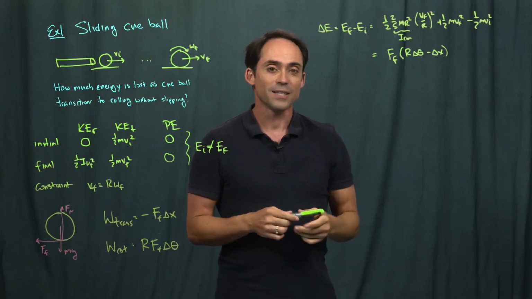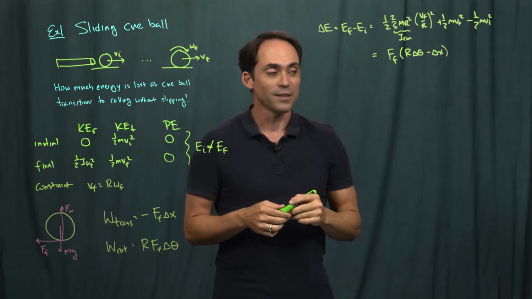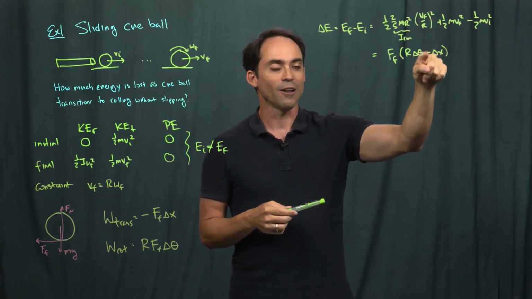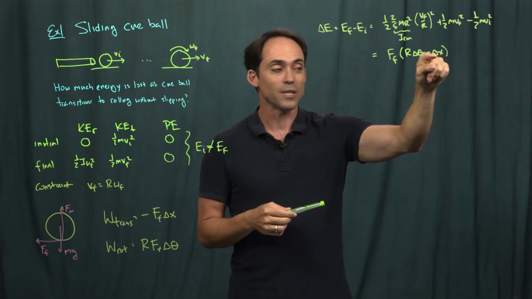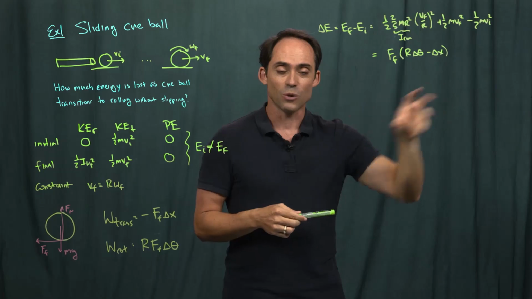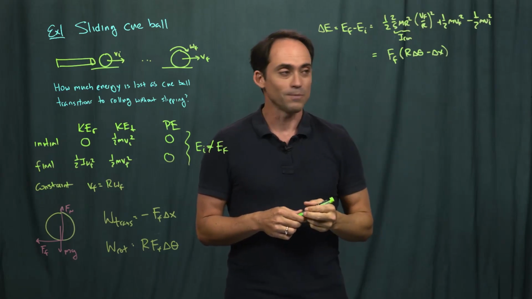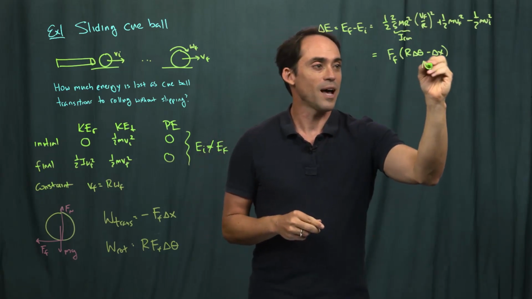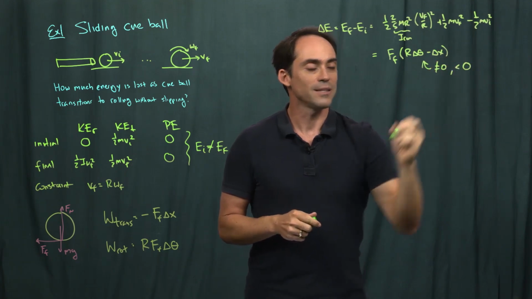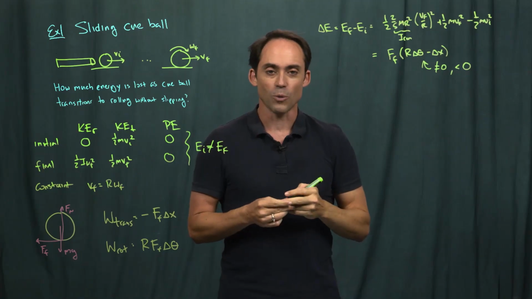In this case, we can't assume that, and in fact it should be clear that the ball as it's sliding is going to have a larger horizontal displacement compared to how much of the surface of the ball is rotating down onto the table. So this is not equal to 0. In fact, it is probably less than 0 because some energy is being dissipated away.